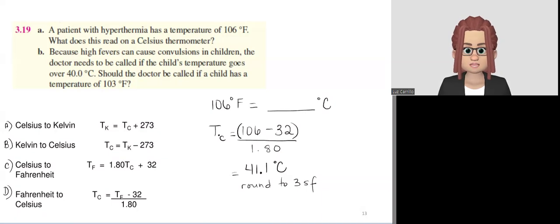Should the doctor be called if a child has a temperature of 103 degrees Fahrenheit? Take a moment. Change from 103 degrees Fahrenheit to Celsius and then compare it to see if the doctor needs to be called.